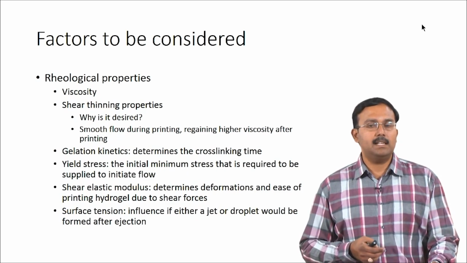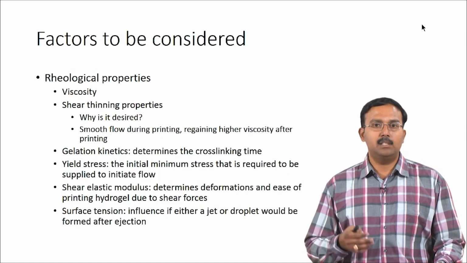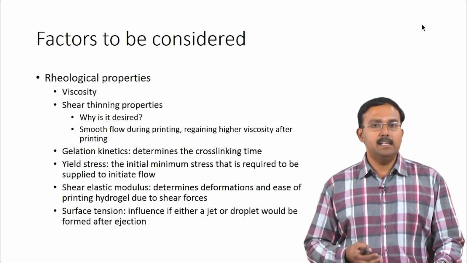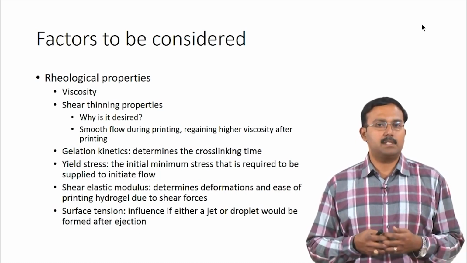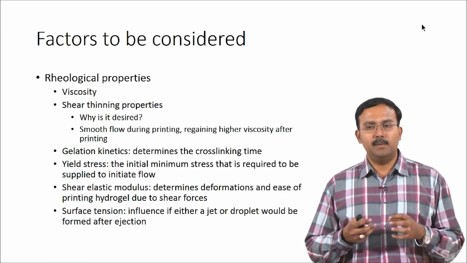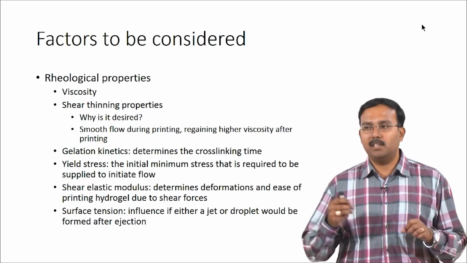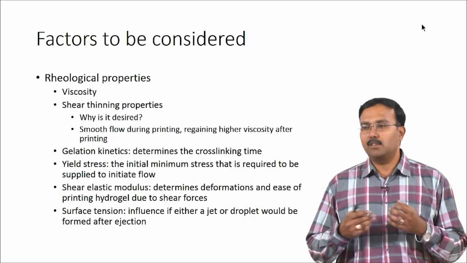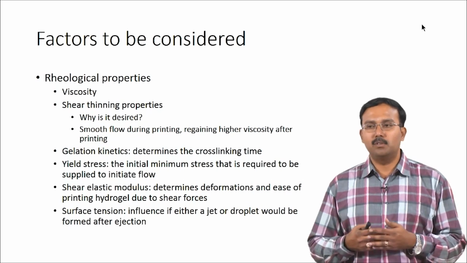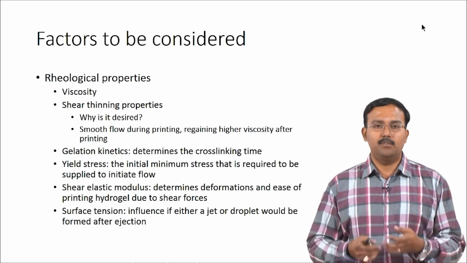Gelation kinetics determines the time of crosslinking. That is a rheological property that has to be studied. Yield stress is the initial minimum stress required for initiating flow. You might have a highly viscous fluid, and some amount of stress is needed for it to flow, right? Viscosity is nothing but resistance to flow, so to overcome that resistance you need yield stress, which will create the flow.